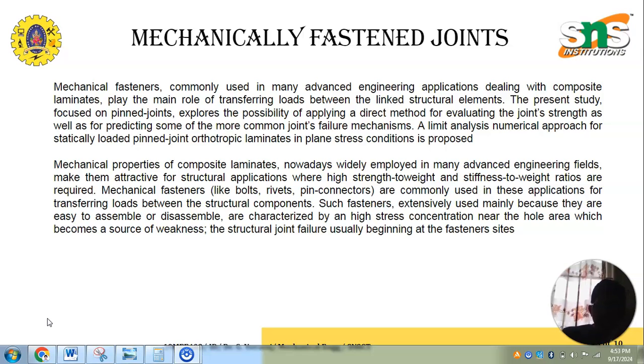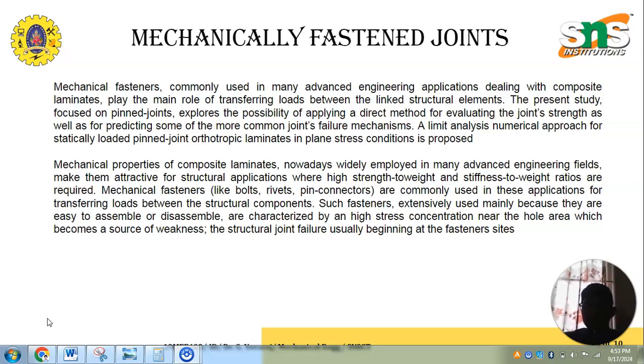So, in continuation with my previous session, let me talk in detail about mechanically fastened joints. Generally, mechanical fasteners are commonly used in many advanced engineering applications.